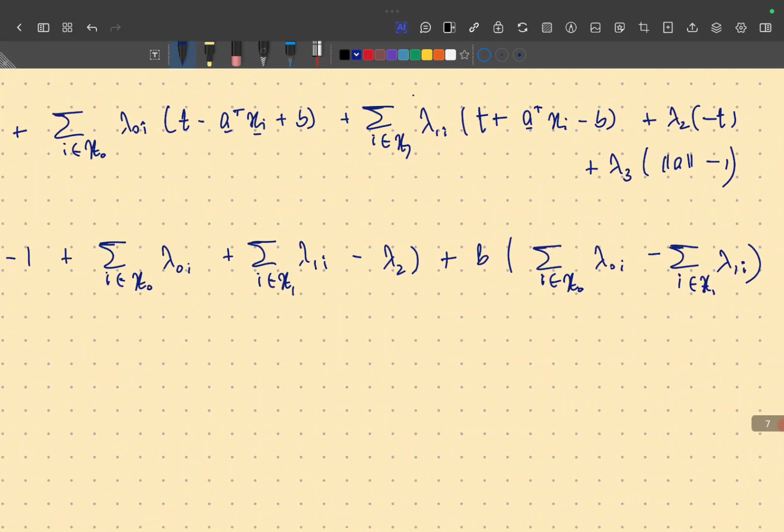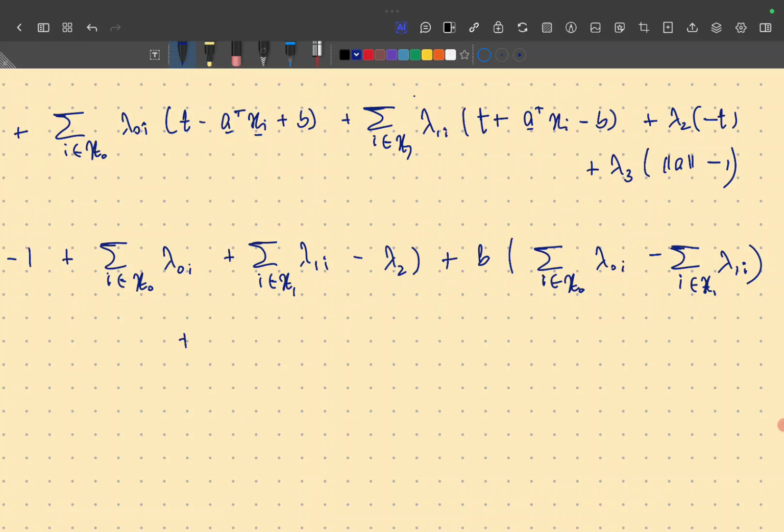Then I have all of the terms that involve a. Let's look at those terms which are linear in a first. So this is a transpose times... Can't you make it norm a squared? No, I don't want to.